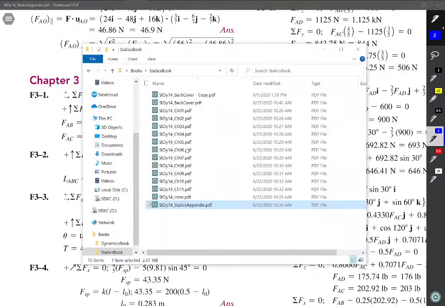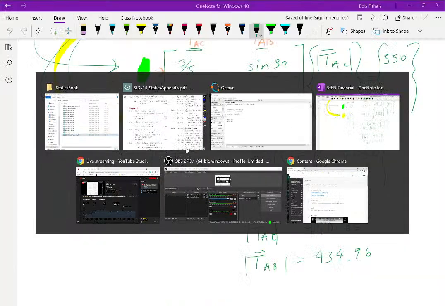Whoa. Major error here. Let's see if I can find it.